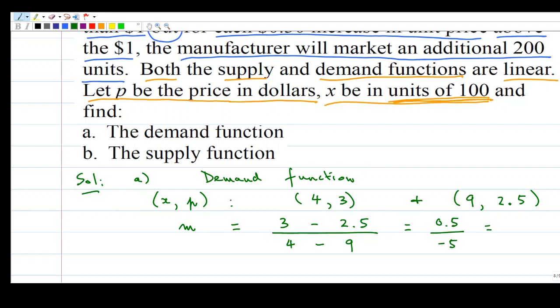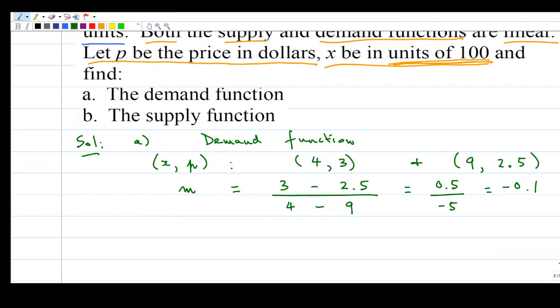So this gives us -0.1. Therefore, the output variable P will equal -0.1 of X plus some constant.